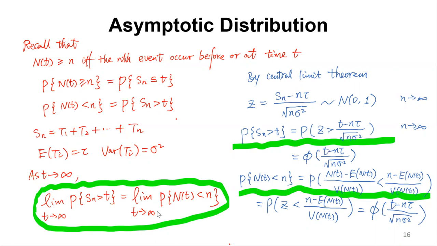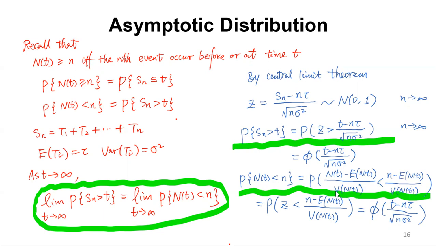We also know this equals P(N(t) less than n). And if we subtract the expectation of N(t) and divide by its standard deviation, this is less than n minus the expectation of N(t), divided by the standard deviation of N(t).